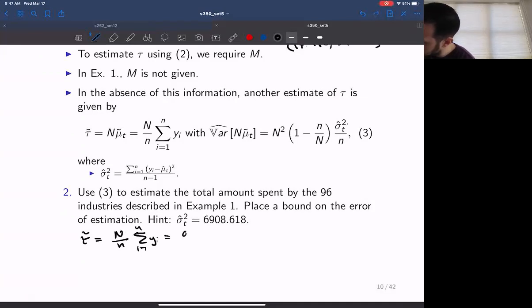That's going to be 96 over 20 multiplied by 2,565. Okay, and that gives us 12,312.